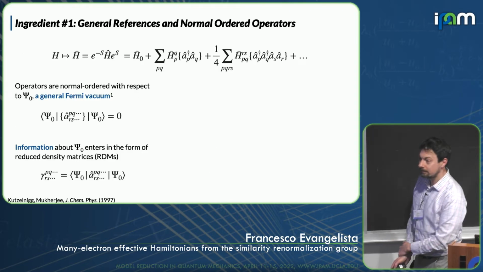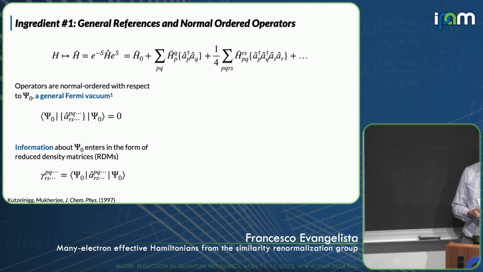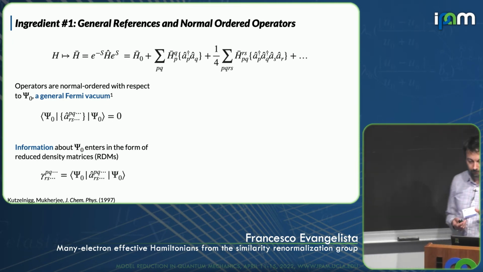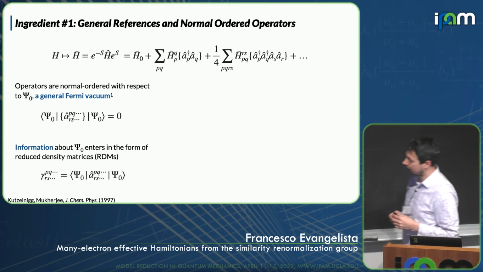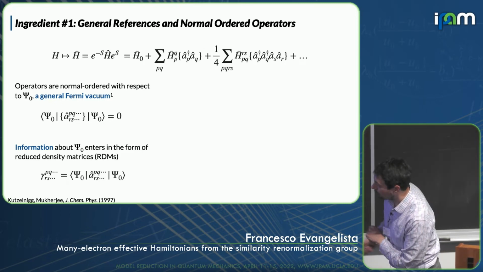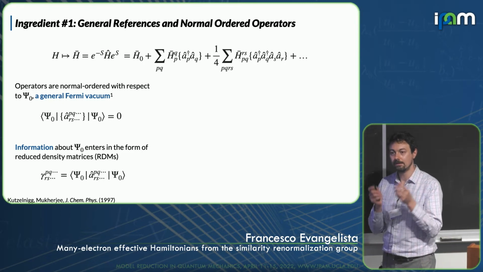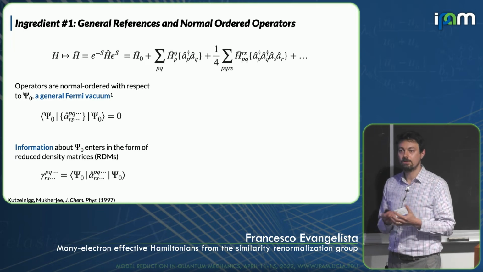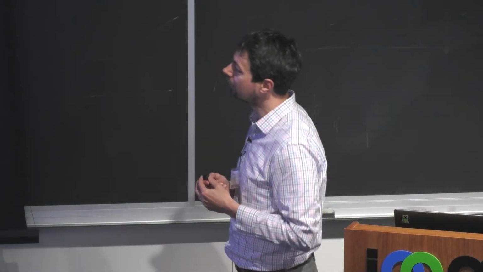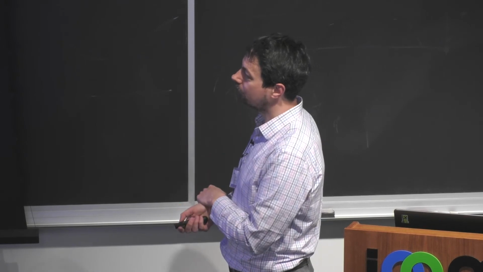The second one is the normal ordering, and this is an important aspect because here we use a technique that is not very well known. It was developed by Debashish Mukherjee and Werner Kutzelnigg, and it's a generalization of the concept of normal ordering for general Fermi vacua.